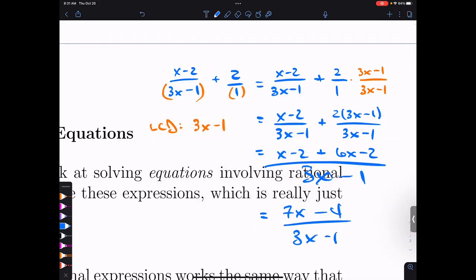I'm mostly focused on this first part, figuring out what the common denominator would be. But once you do that and multiply in what you're missing and rewrite it, then to add them, you would just add across the top, right? So x minus 2 plus 6x minus 2 all over that common denominator we just found, and then just combine like that.